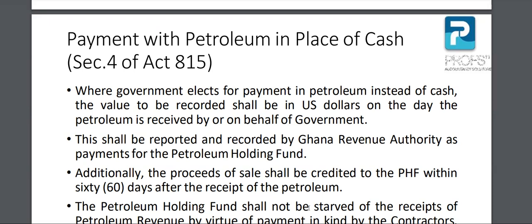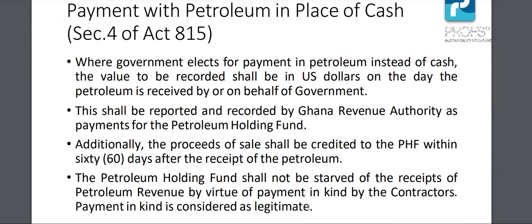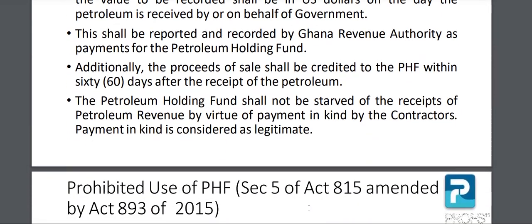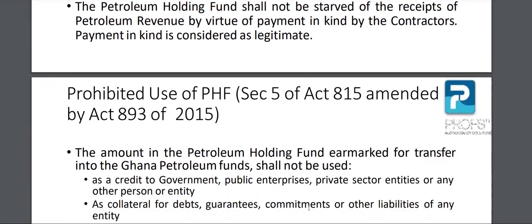Additionally, remember, GRA recorded on the day of the receipt of the petroleum. So if the exchange rate has changed, then GRA will need to equally make an adjustment as well, because it is the actual deposit in the PHF that is going to be taken.